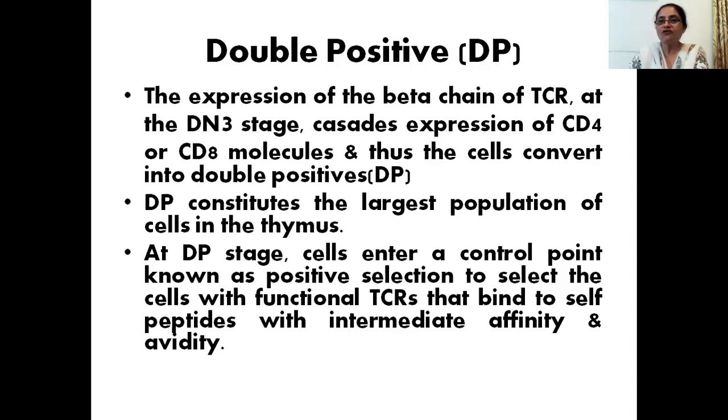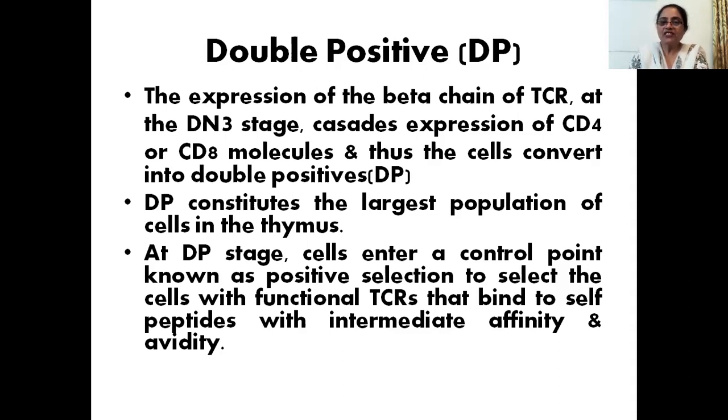Expression of CD4 or CD8 molecules may take place, and thus the cells convert into double positive, because now they are developing cluster of differentiations 8 and 4. Now, this double positive stage constitutes the largest population of cells in the thymus. Why DP are the largest population of cells, we will know later.